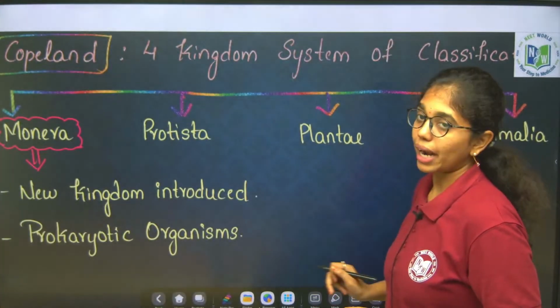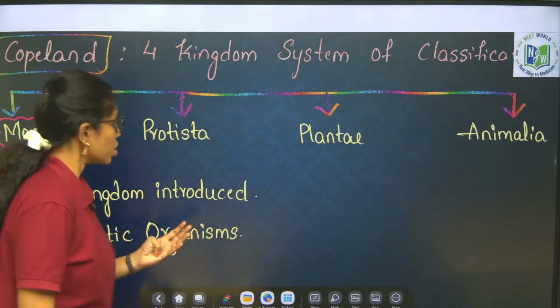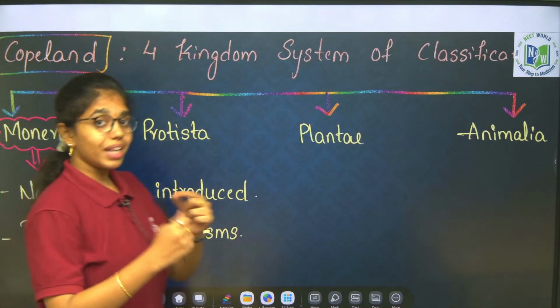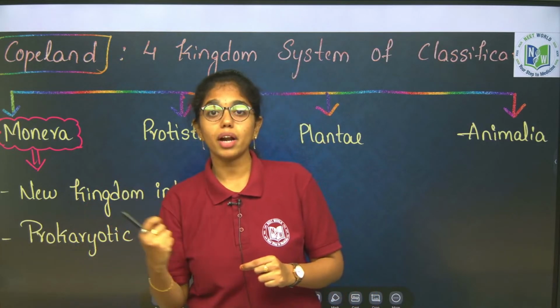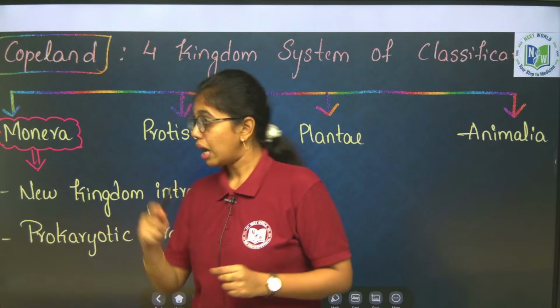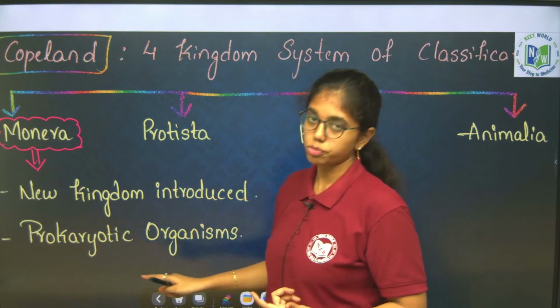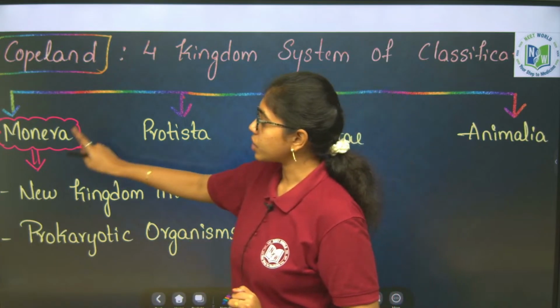Next, Copeland. Copeland has given us the 4 kingdom system of classification, and the new kingdom he has introduced is Monera. Previously, Ernst Haeckel placed all the unicellular organisms under Protista, but here all the prokaryotic organisms are placed under Monera.